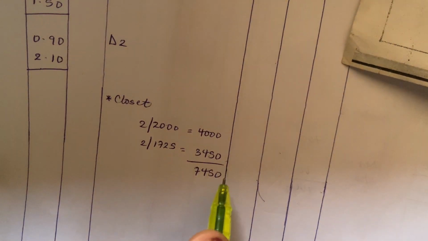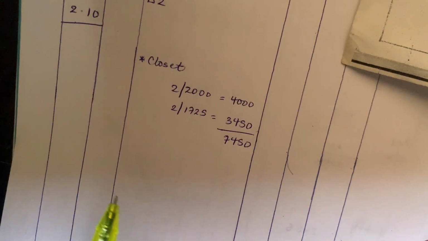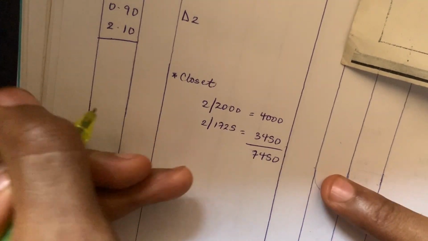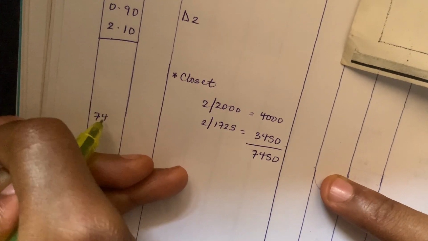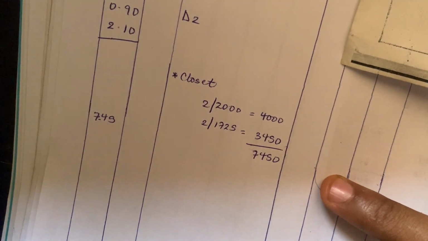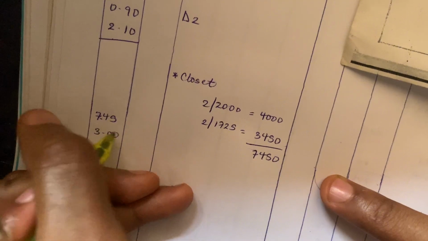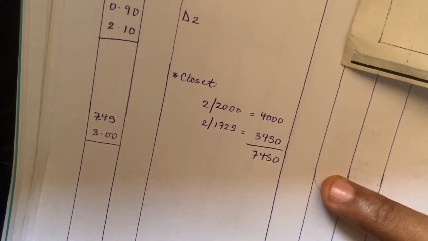That will give me 7,450. So you book that's 7.45 by 3.00, and then we close.